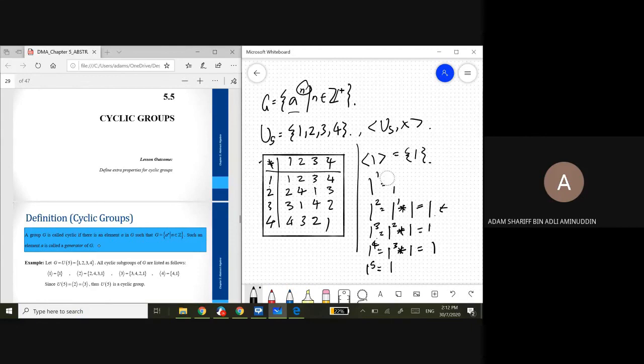Now listen carefully after this, because for 2 the answer is different. 2, how to generate the elements? 2 to the power of 1 is 2. 2 to the power of 2 is 2 to the power of 1 binary operation with 2.